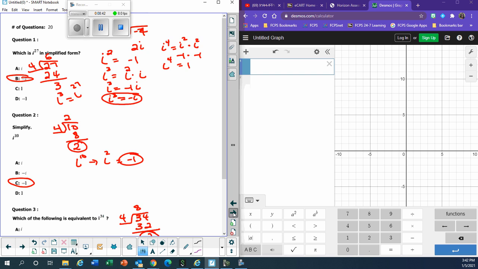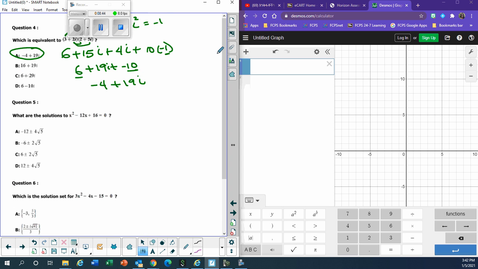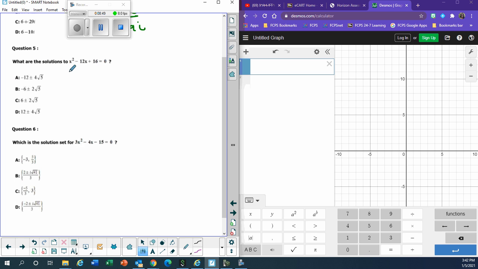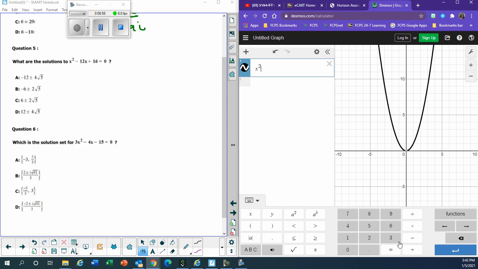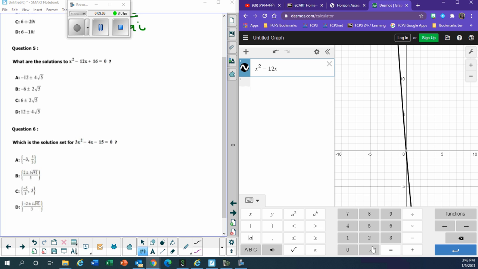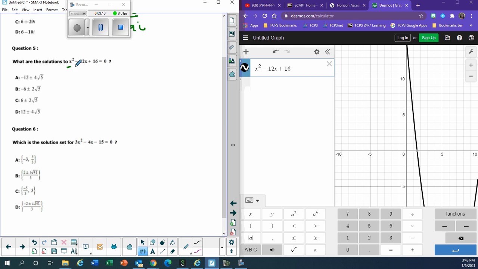So we're going to go to number 5. So I can just do x squared minus 12x plus 16. Okay, since this is not a system of equations, this is just one equation, the solution is where it crosses the x-axis, right?